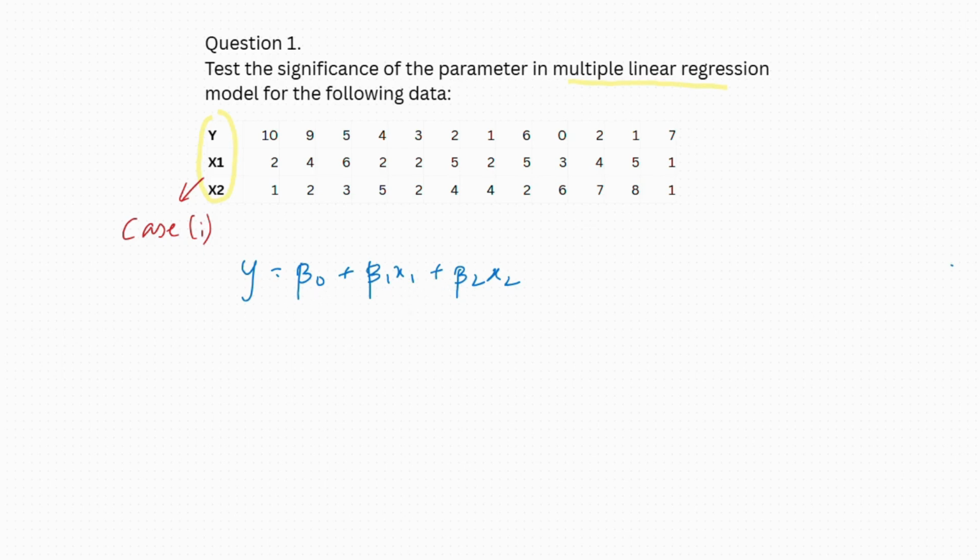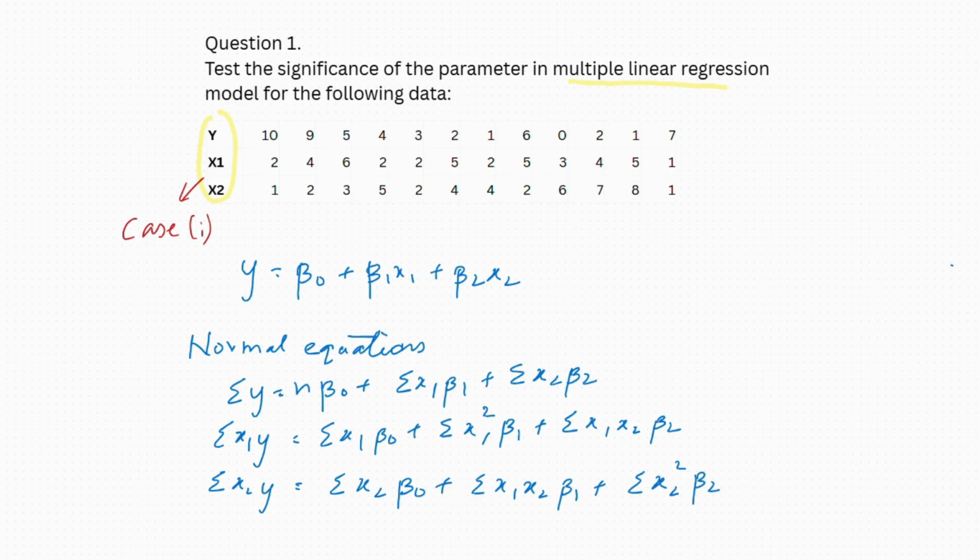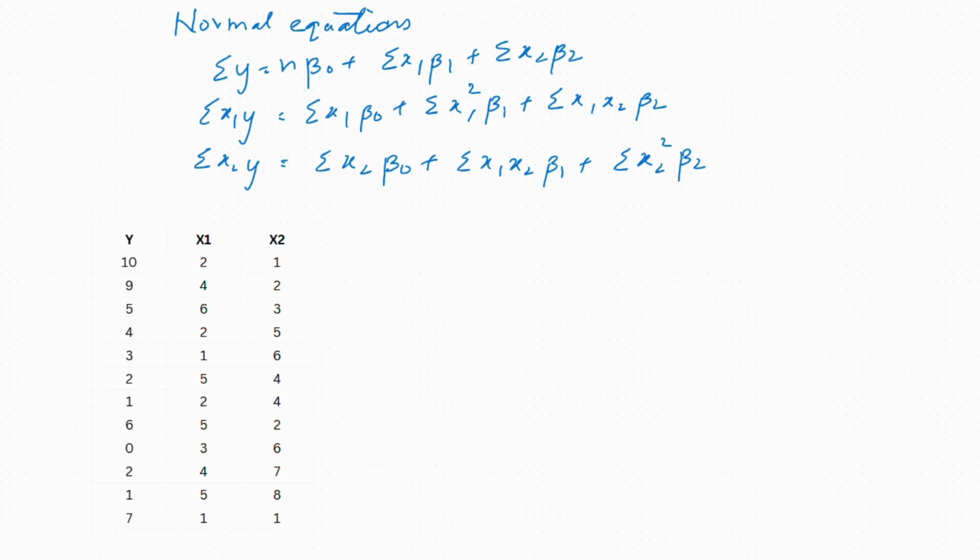These parameters can be estimated by the normal equations. These 3 are the normal equations to find the beta 1, beta 2 and beta naught values.